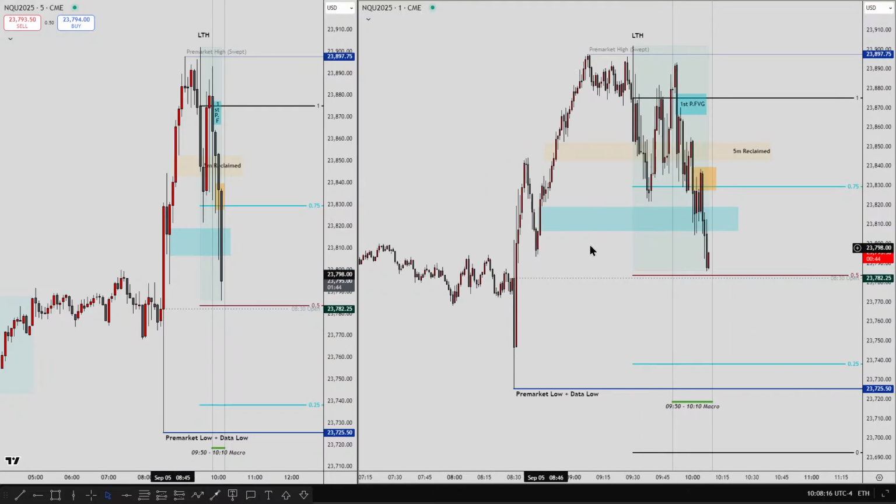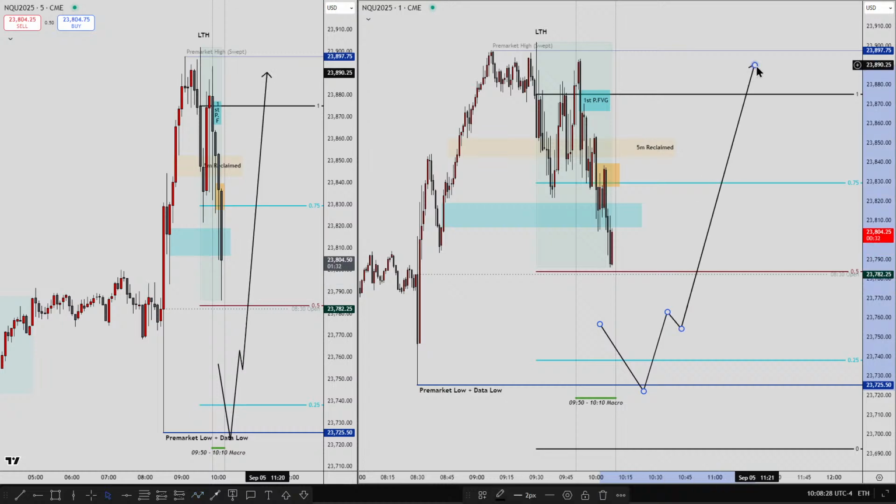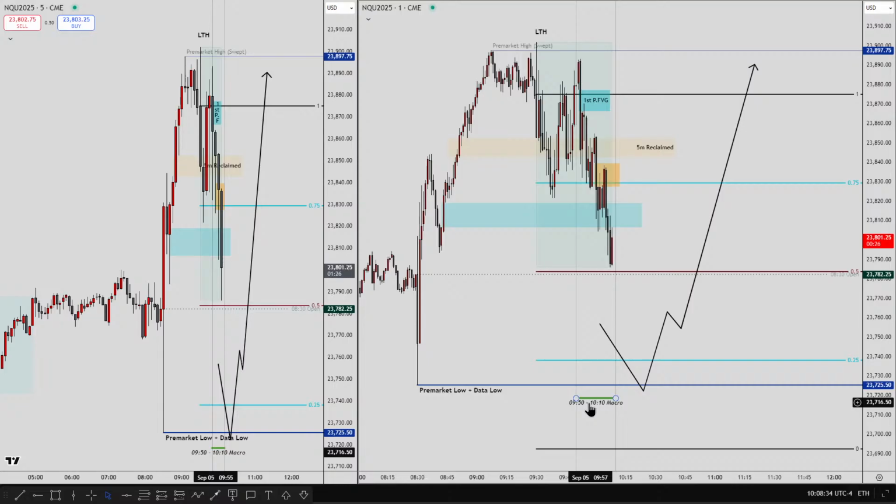So say you trade into this low, and then around 10:30, you get that displacement. Now it's kind of obvious where it's going to go because there's only really one place for it to go, and that's your drawn liquidity, your bullish drawn liquidity. So that's the easiest silver bullet setup post 10:30, in my opinion.